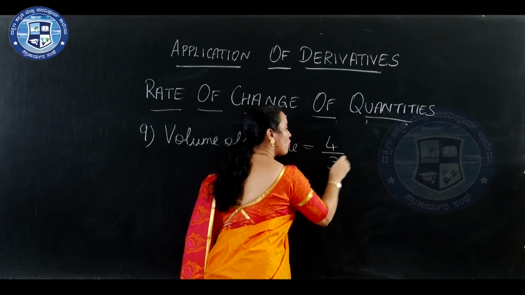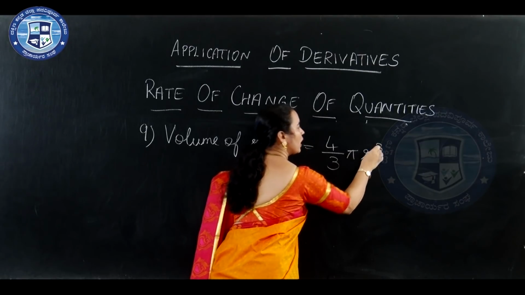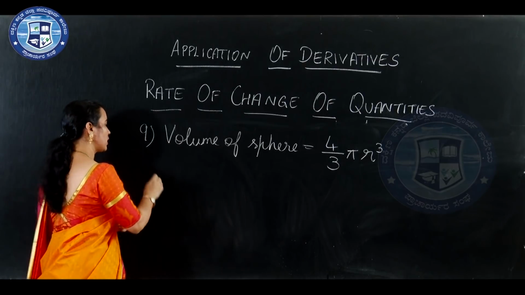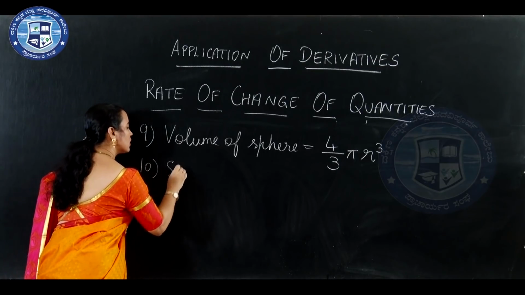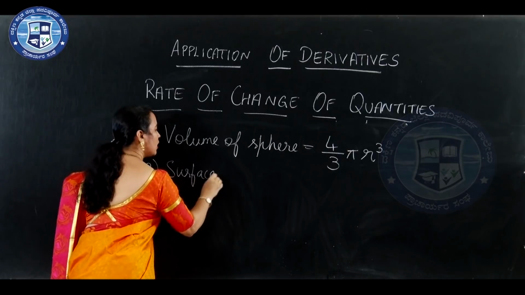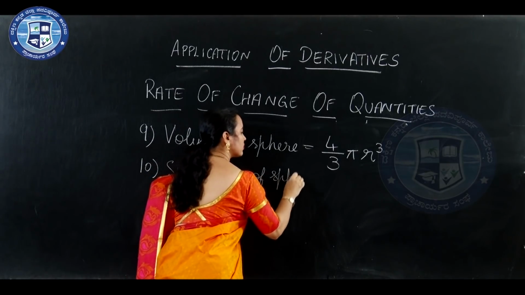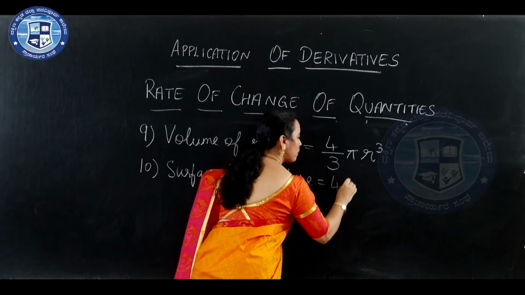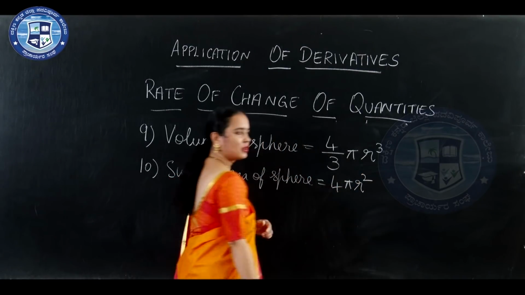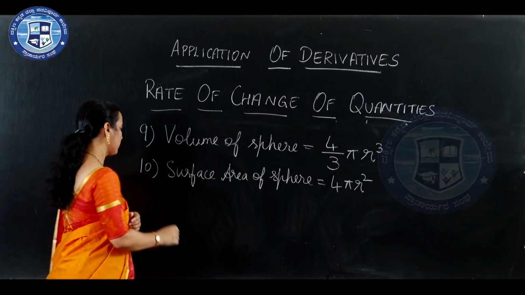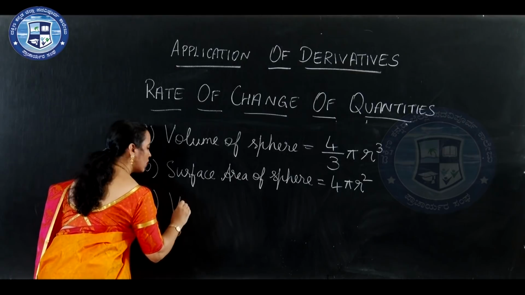Volume of sphere is 4 by 3 pi r cube. Surface area of a sphere is 4 pi r square.